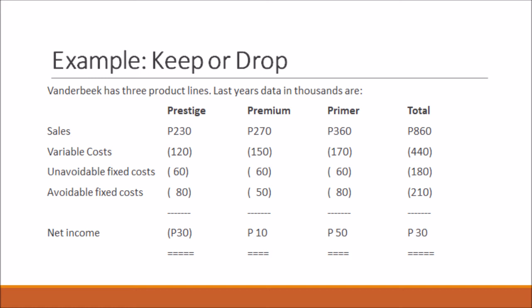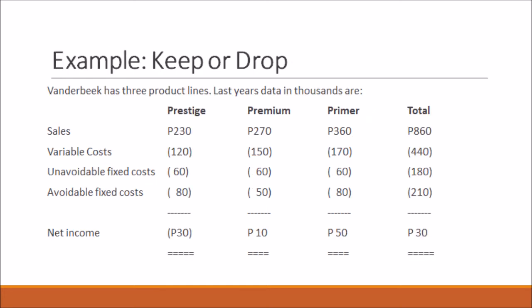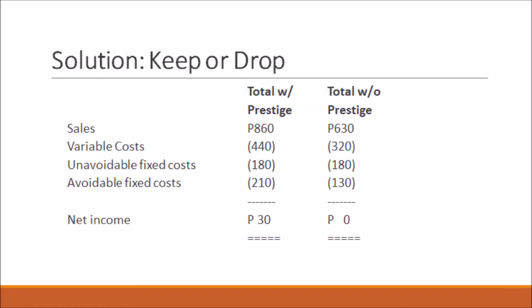Now the second solution is presented here in totals. Here, it was already in the slides, in the example slide, there's a total column, so you can just make a reference for that. So the total with Prestige is the same as the column in the example, and there's also a second column which is the totals less the Prestige.